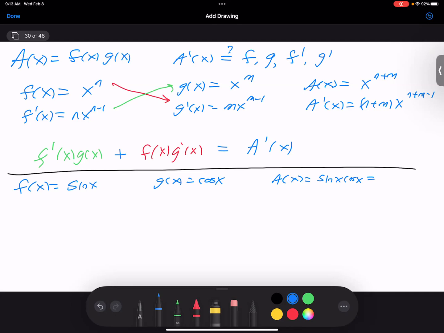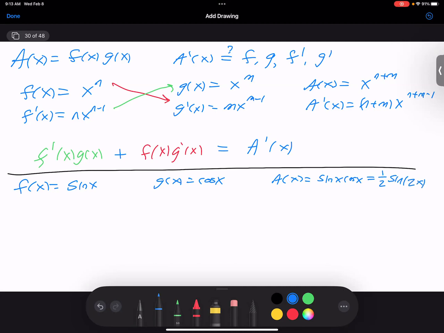Where have you seen sine x cosine x in trig identities? Anybody remember? The double angle. So sine of 2x is 2 sine x cosine x. This is just 1/2 the sine of 2x.